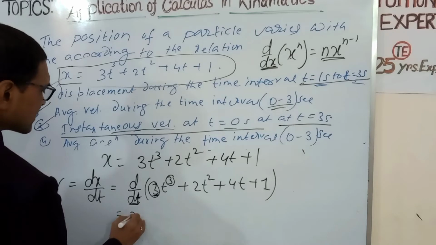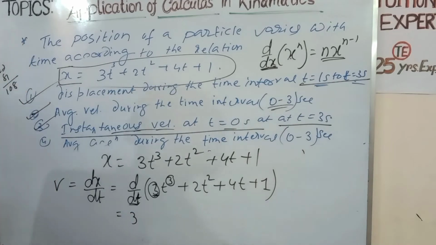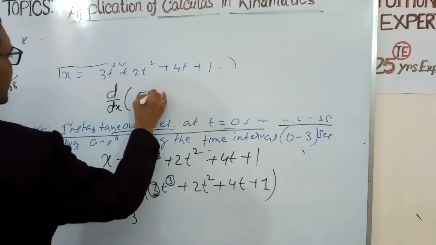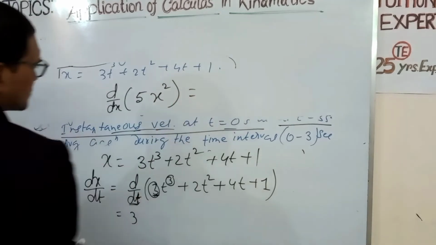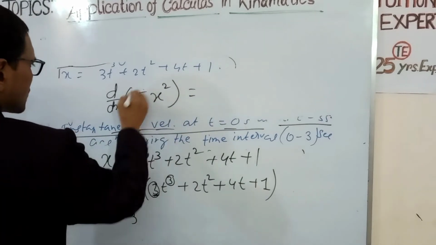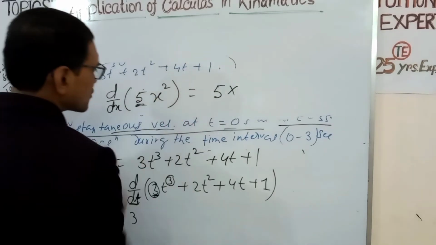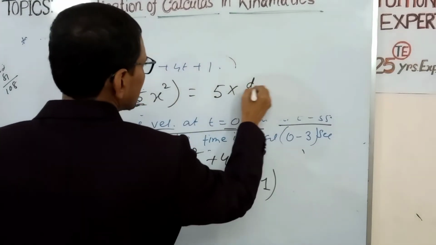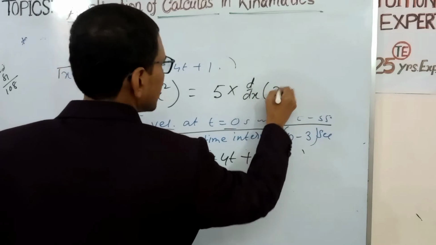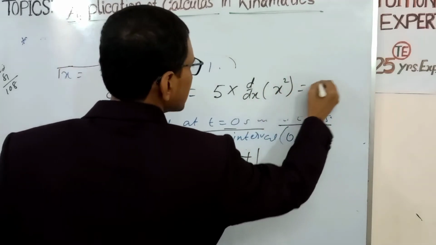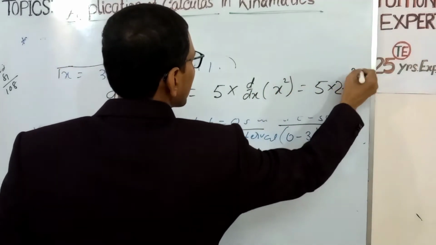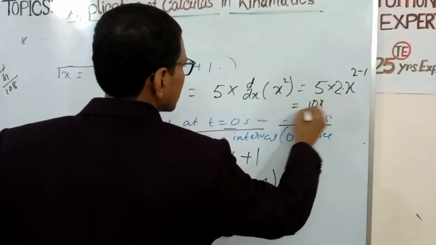For x square, this constant remains constant, and only the derivative of x with respect to x is taken, that is 2 into x to the power 2 minus 1, that is 10x.